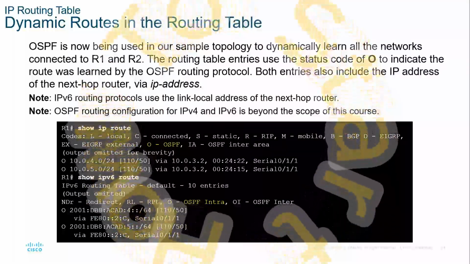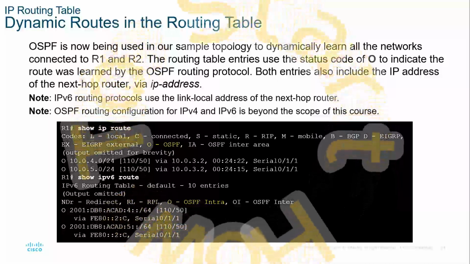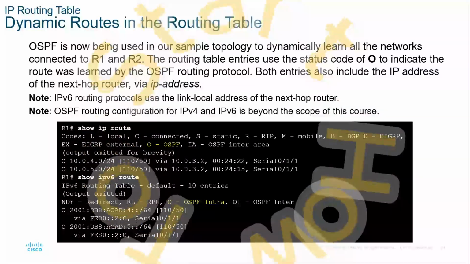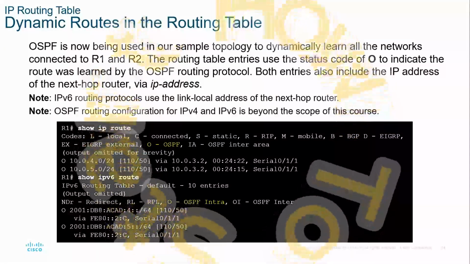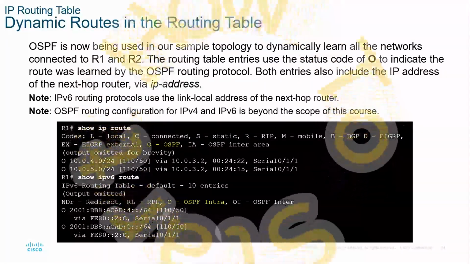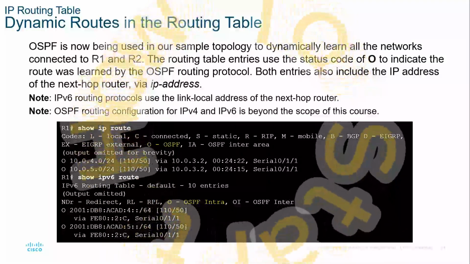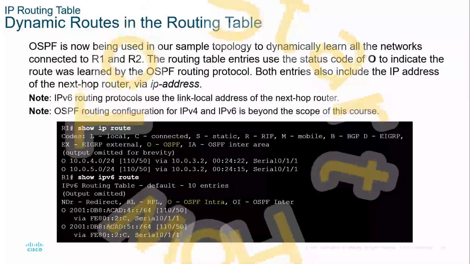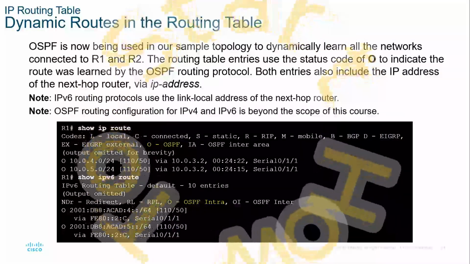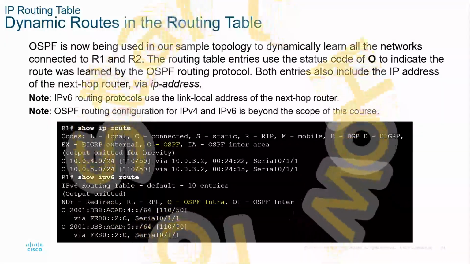Notice that IPv6 routing protocols will use the link local address of the next hop router as opposed to the global unicast address. And OSPF routing configuration for IPv4 and 6 is outside the general scope of this video, because this is actually part of the 3rd course when we talk about OSPF more in depth.